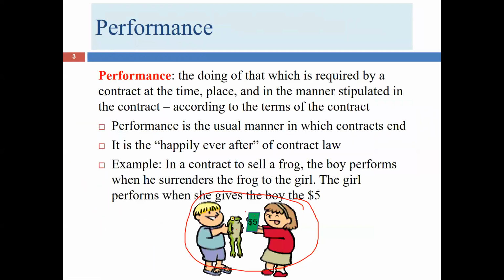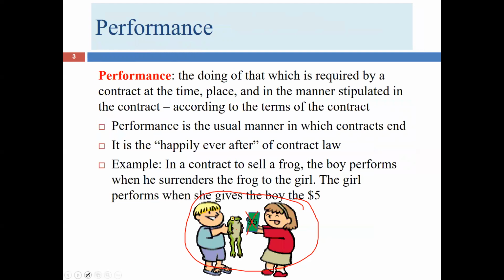So Sally doesn't have her $5, but Bobby has the frog. Does Bobby have to give Sally the frog? I mean, under the contract, he's supposed to, but Sally doesn't have the $5. Bobby is concerned that if he surrenders the frog to Sally, he'll never see the $5, so he doesn't want to do that.